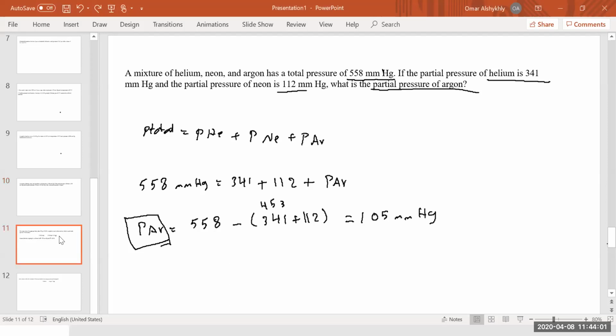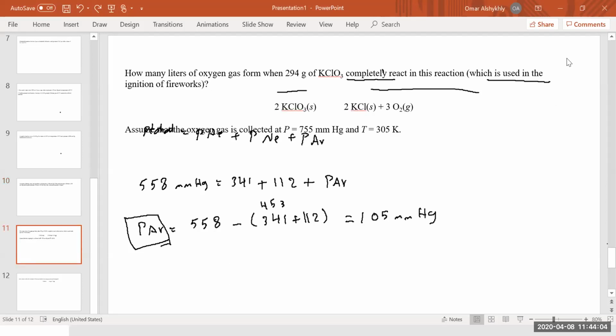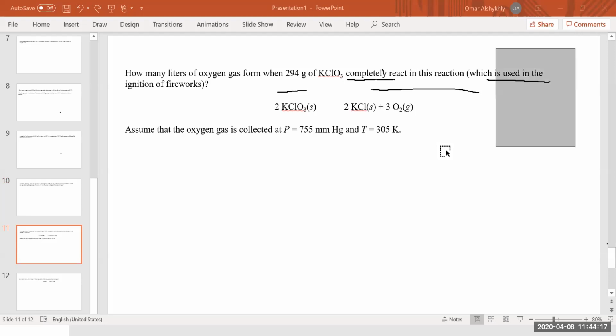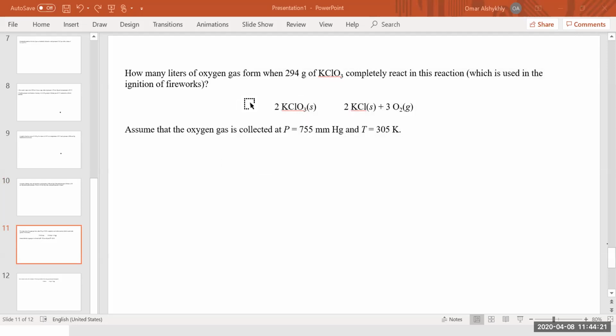Let's look at this example. How many liters of oxygen gas form when 294 grams of KClO3 completely react in this reaction, which was used in the initial part of our work?